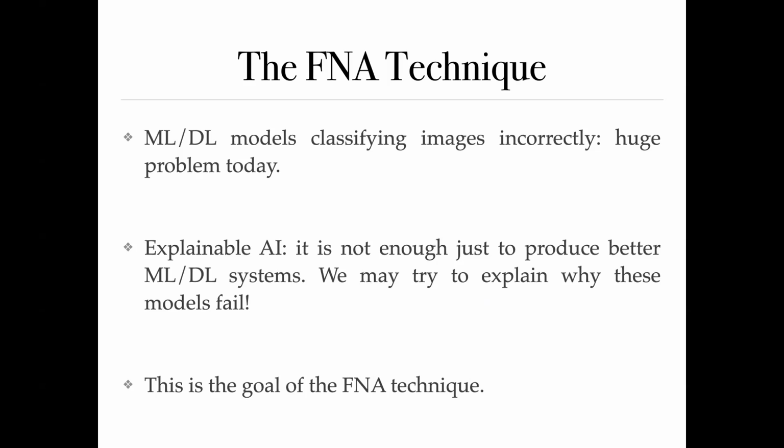So there is a very interesting subfield of artificial intelligence today called explainable AI. The idea behind explainable AI is that it is not enough just to produce better ML systems. We may try to explain why these models fail. This is the goal of the FNA technique.